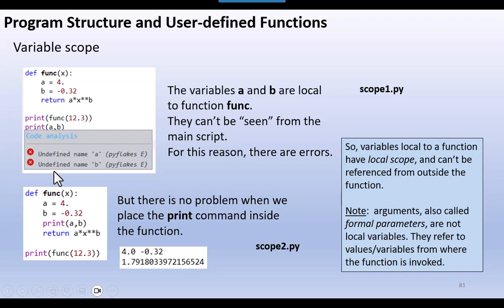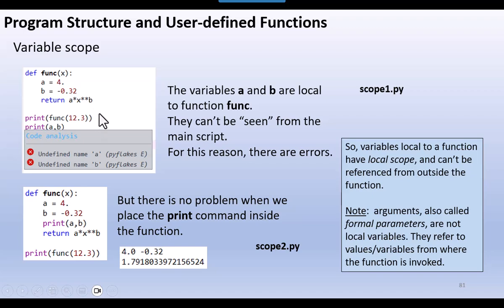It doesn't even let us run the function because it says, as far as it can tell, a and b have not been defined. And the reason they haven't been defined is that they're defined within the function, and the main script cannot see into the function, all right? Cannot see into the function.